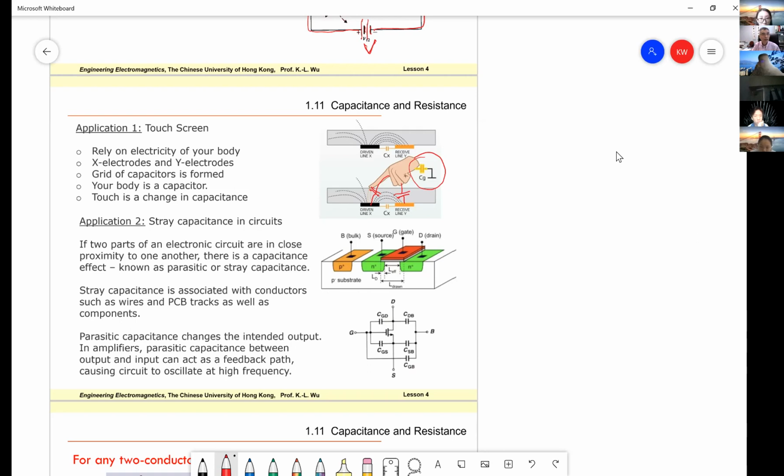So the network, the circuit, changes. When you drive a signal to a driving line, the signal coupled to the receiver line changes because the capacitance is changed, so the signal received is changed, so that the IC can detect it.